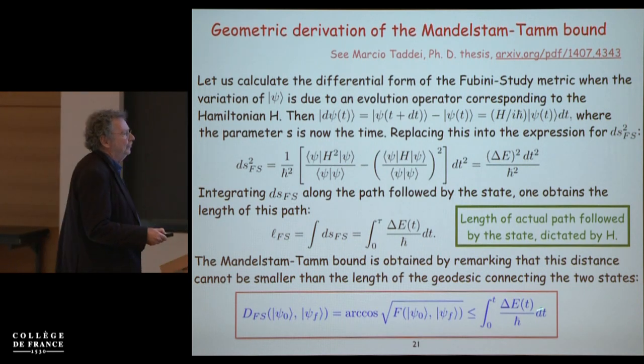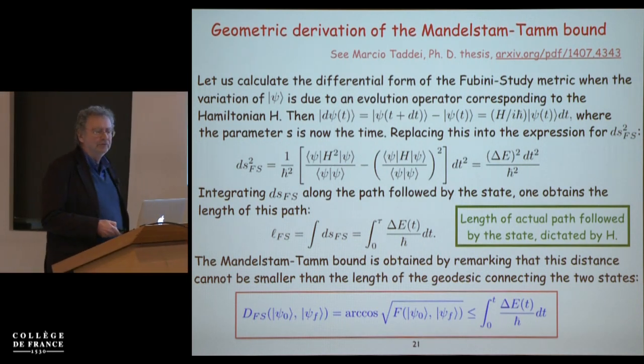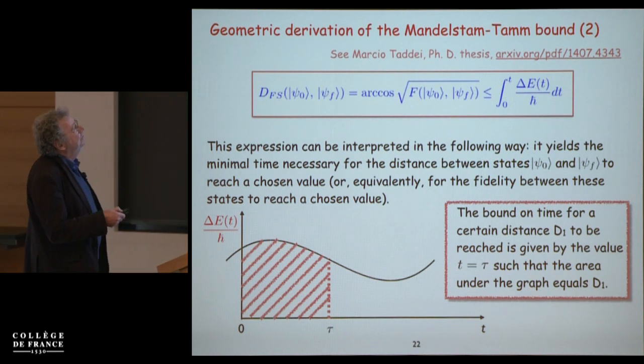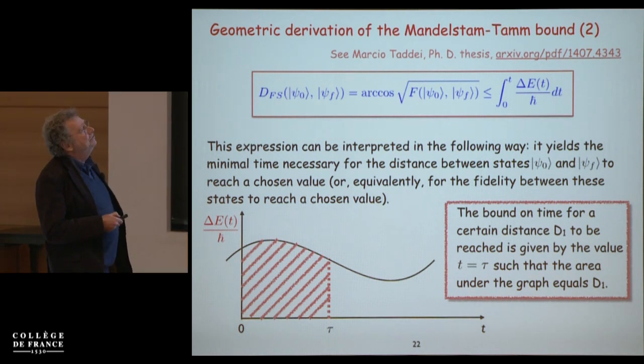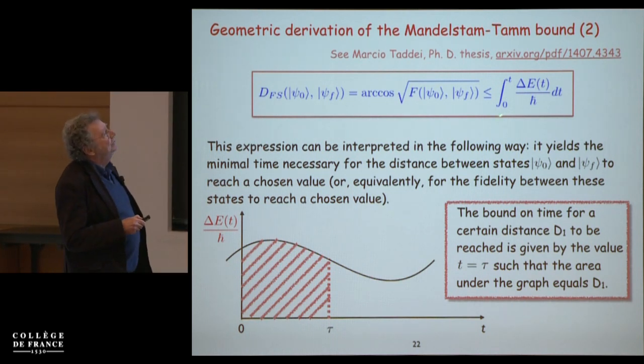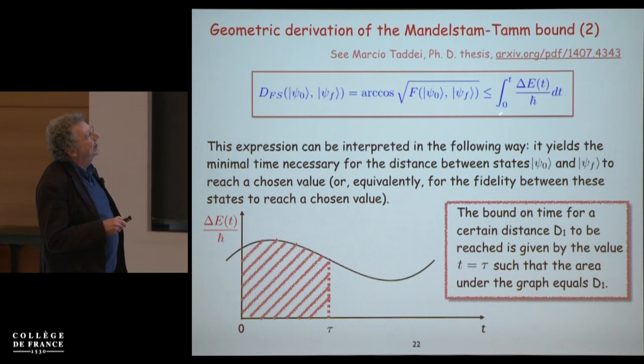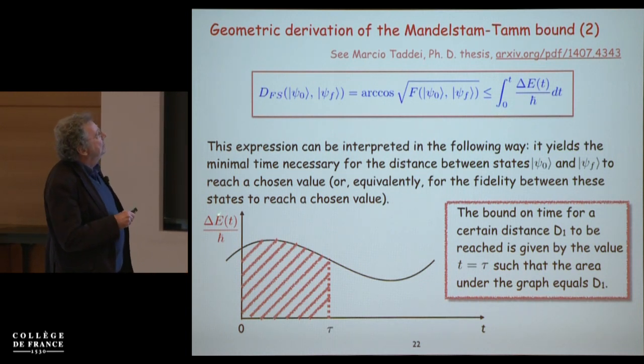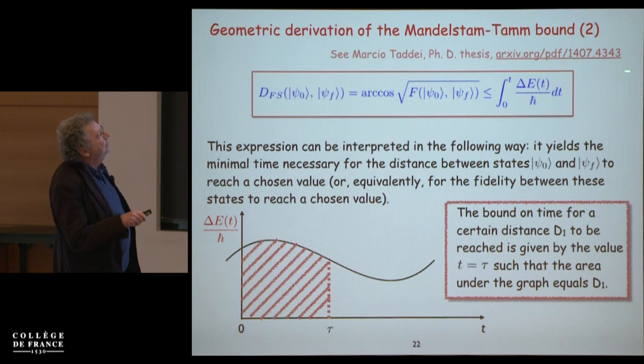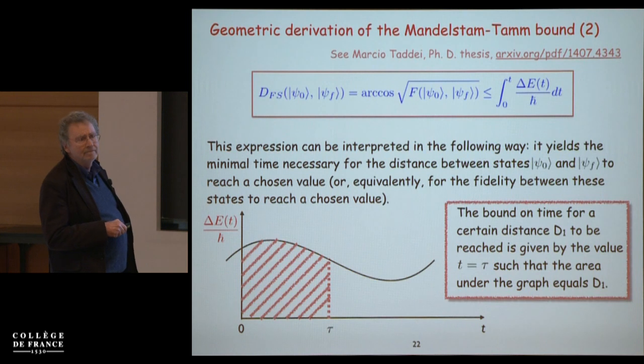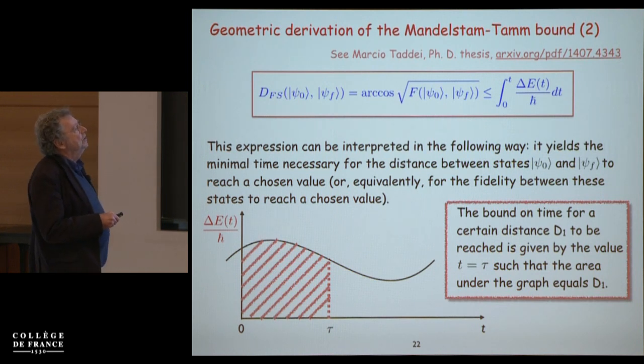Now, let's elaborate a little bit more on this relation. I repeat it here. So it can be interpreted in the following way. You see, on this side here, on the right-hand side, you have some integration. So if you plot delta E t over h bar as a function of t, this integration corresponds to the area under this curve here. And you might be interested in the following question.